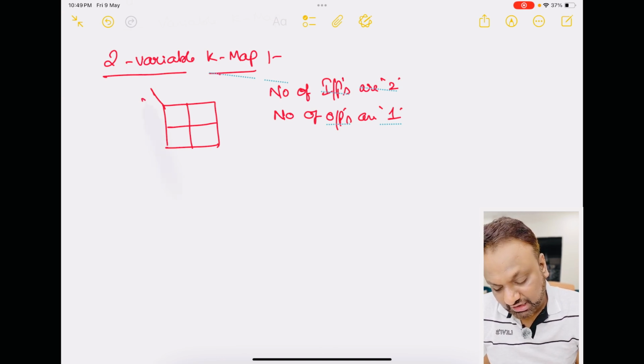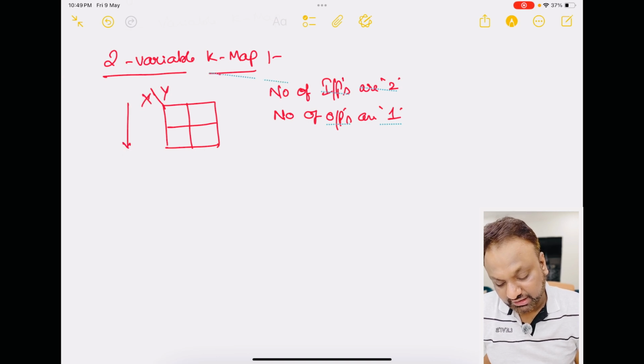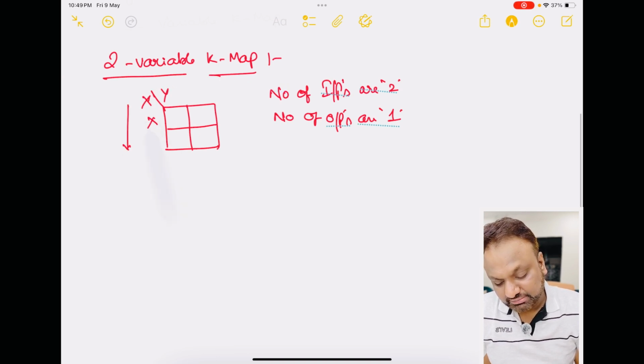Let us say the inputs are x and y. In the vertical direction this will be x bar and this is x, and this is y bar and this is y.